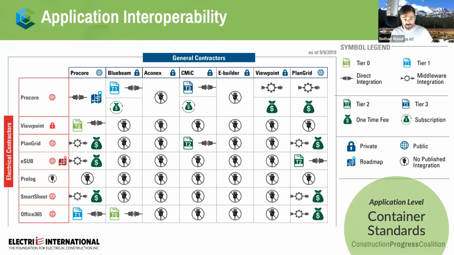How much data are they able to share, and is it synchronized or not? You can see from the legend how we're trying to create some transparency about what is available, and encourage those that are not currently open and interoperable to become more so, because that is where the industry is moving.